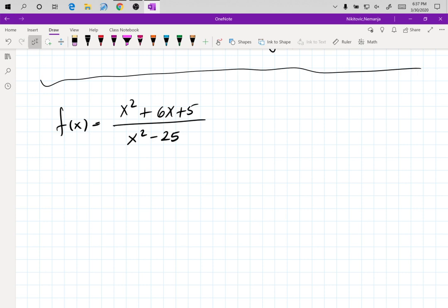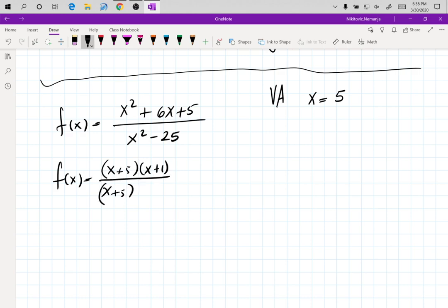So what are my specs? The vertical asymptote is at x equals 5. And we know that at -5 we did not have a vertical asymptote because that term cancels when we factor. F of x is equal to (x plus 5)(x plus 1) divided by (x plus 5)(x minus 5) when you factor it. And now these cancel. So we are only looking at x plus 1 over x minus 5.